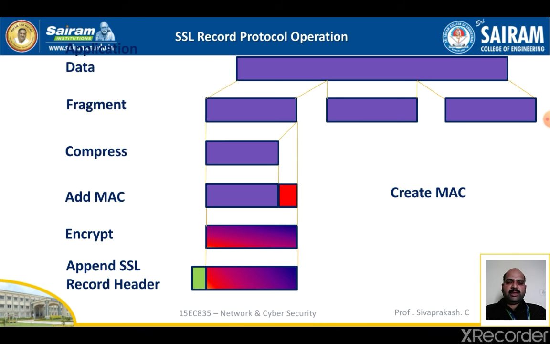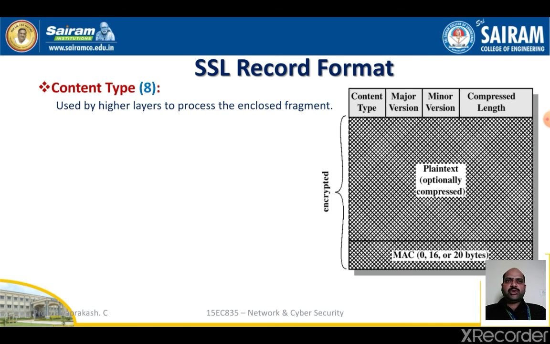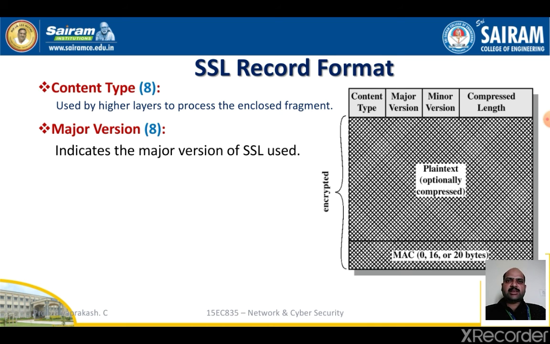Let us see the SSL record format header. The final step of SSL record protocol processing is to prepare a header consisting of the content type, 8 bits, the higher layer protocol used to process the enclosed fragment. The next one, major version, 8 bits, indicates the major version of SSL in use.